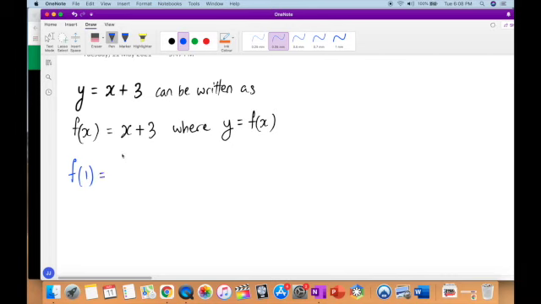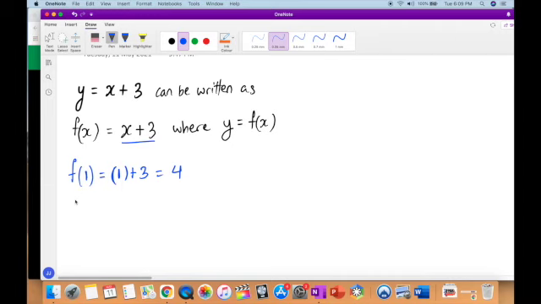That means that in the actual function, I have to simply put 1 where x is. You notice I use the bracket. Whatever I have in this bracket, I'm going to put that where x is, and I put that in a bracket too, showing that that is x. Of course, I would beg you guys to have this habit, right? So 1 plus 3, which is 4.